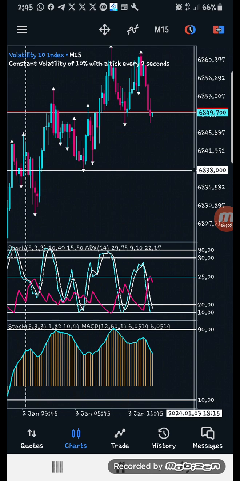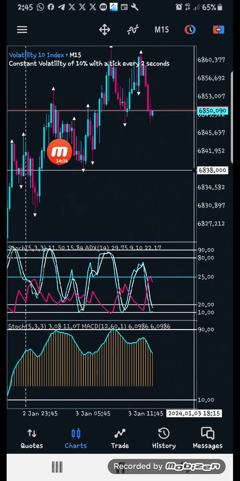You understand? A setup where you can enter your buy, because we have already established in the higher time frame that this market is bullish. It's going bullish for the time being, until it gives otherwise. So you now come in the 15 minutes time frame to look for a bullish setup.